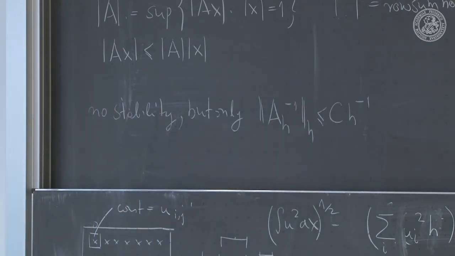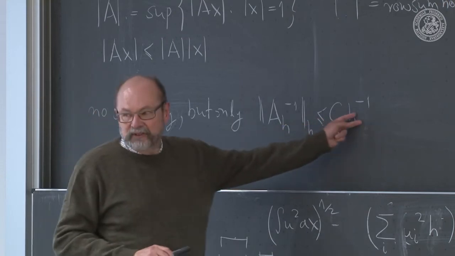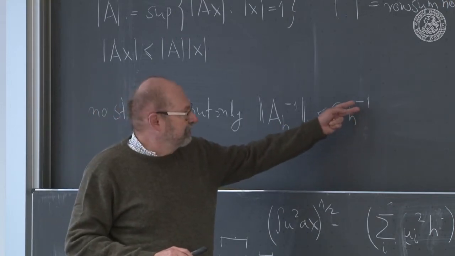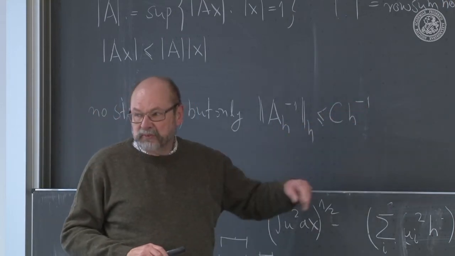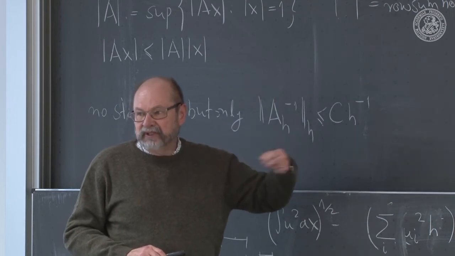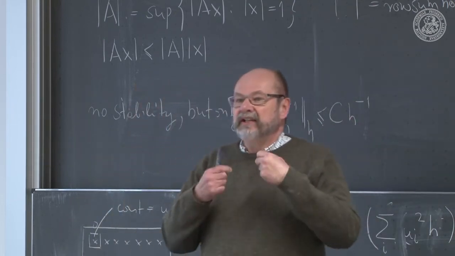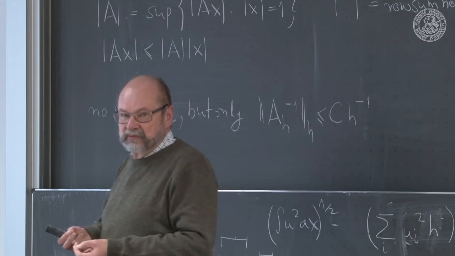Is there convergence or not? Convergence, but only of order 1. So we can relax the result a little bit. We can allow here for negative powers of h, but those, they must be in modulus smaller than the powers we have in the consistency estimates, and that is the amount what we lose.